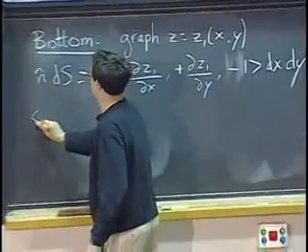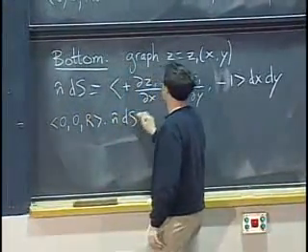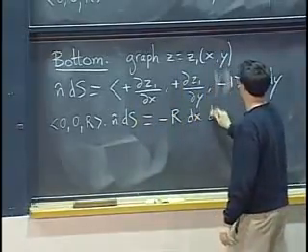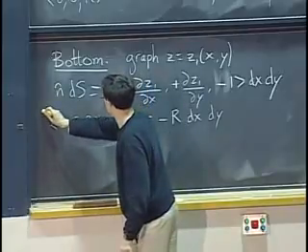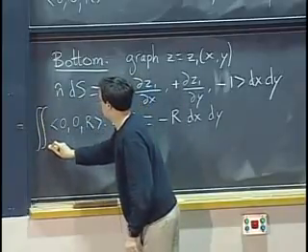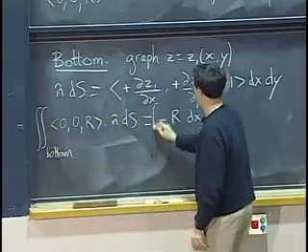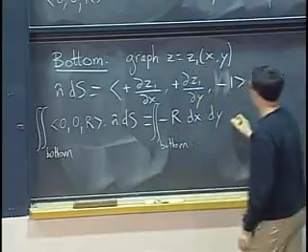Now, if I do things the same way as before, I will get that (0, 0, r) dot n dS will be negative r dx dy. And so when I do the double integral over the bottom, I'm going to get the double integral over the bottom of negative r dx dy.